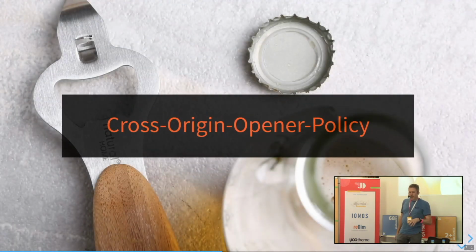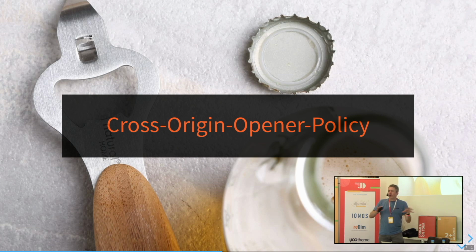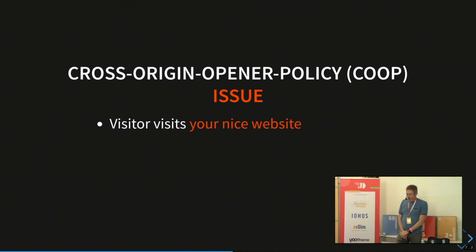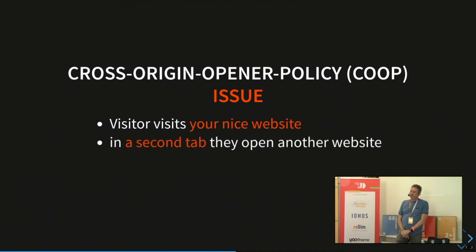Then the Cross-Origin-Opener-Policy, and I will show you everything on the website, how to configure it. What if a visitor goes to your website, they open a second tab, and they go to another website in the second tab? So you have the tab of your website and another tab, the new website.